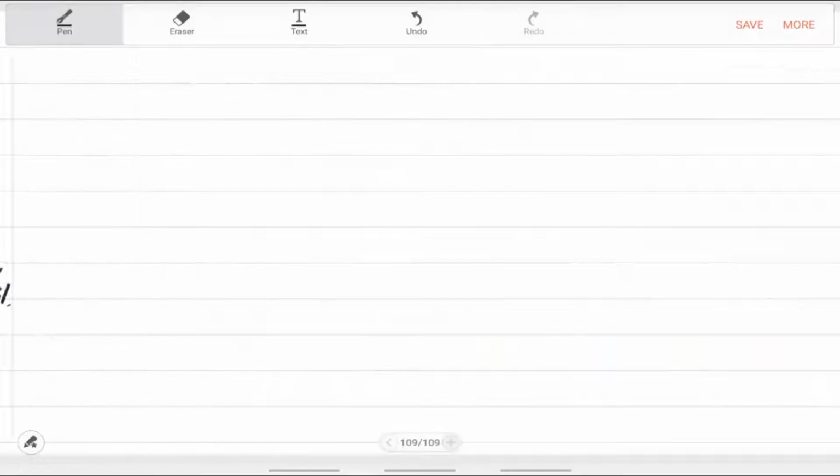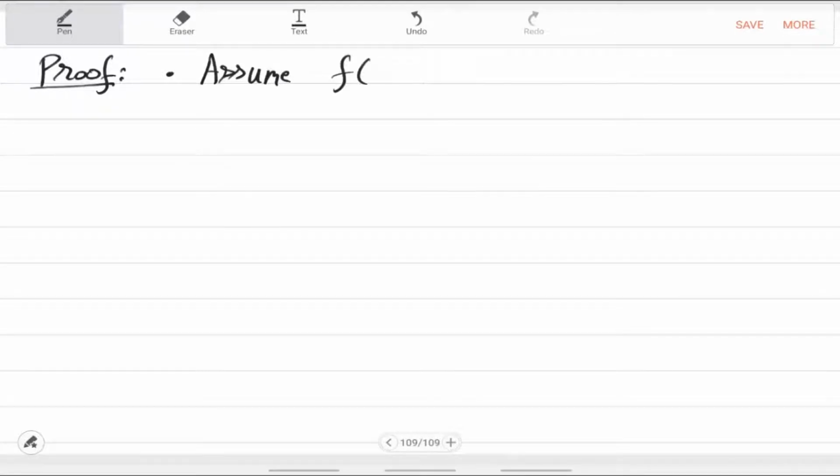Okay, so let us do this. So, start with the assumption that f(x, a bar t) is reducible and square free.